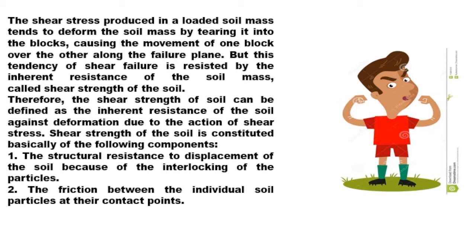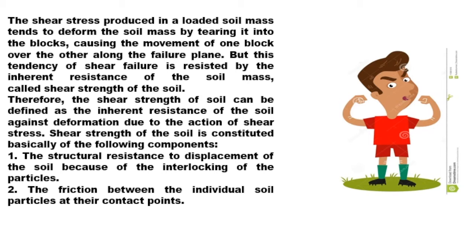But that failure is resisted by the inherent resistance of the soil mass, which is usually called the shear strength. As I said, it is the resistance to the shear stresses just before the failure.